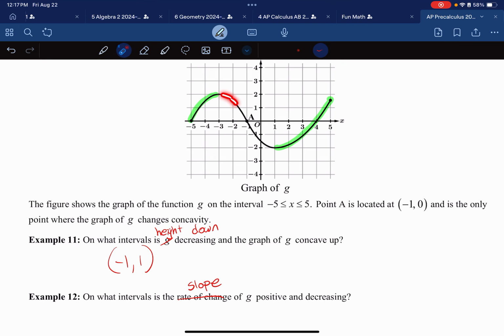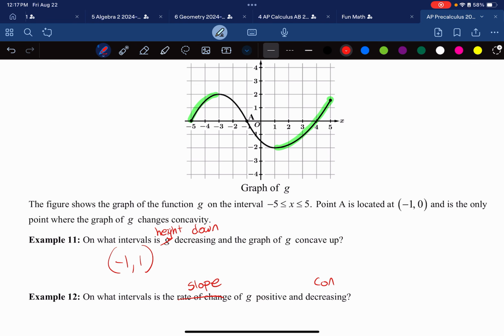Now the slope is going down, so I can't say it's there. Slope is still going down. Now the slope is up. The slope is going up for each of those. So I've highlighted the first region, and I now need slope decreasing. Well, if the slope is changing, that's talking about curvature. Curvature means concavity. Slope decreasing means concave down.